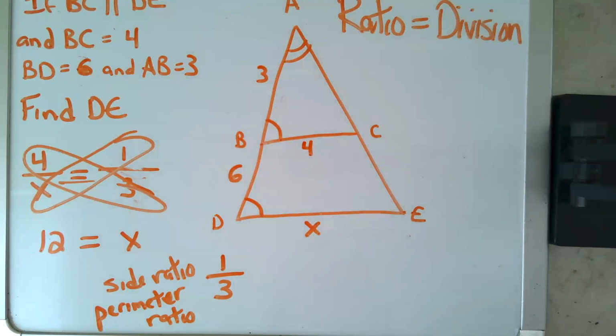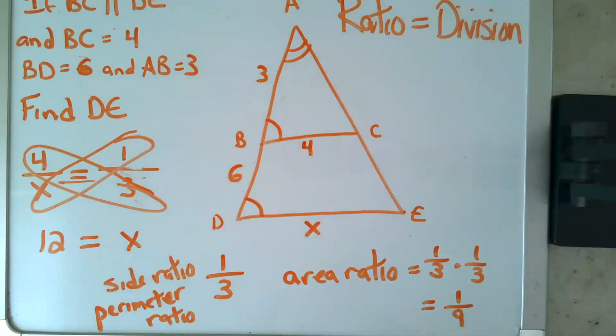If the side ratios are in a 1 to 3, the height ratios will also be in a 1 to 3. And if we have a 1 to 3 ratio times a 1 to 3 ratio, right? Half base times height. Those halves will cancel out, but we'll still be left with 1/3 times 1/3, which means the area ratio equals 1/9.